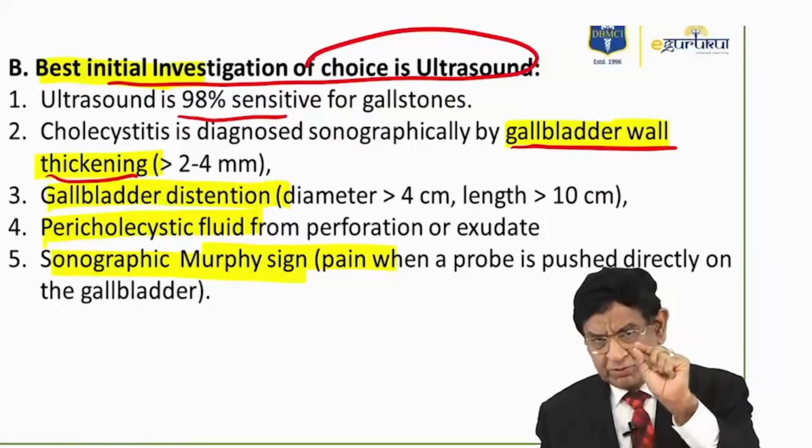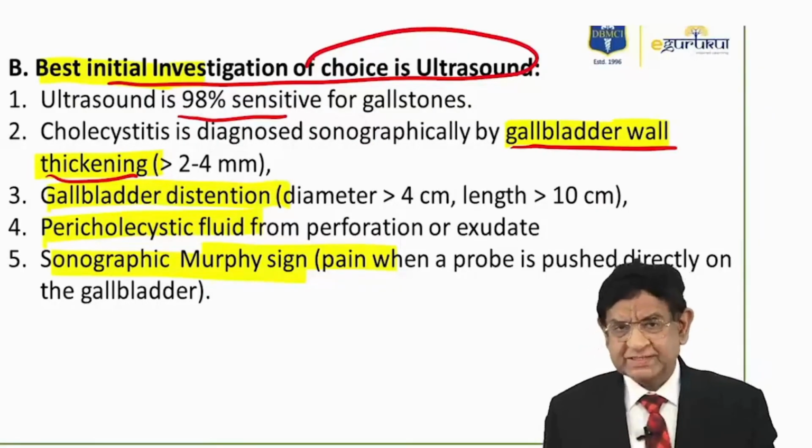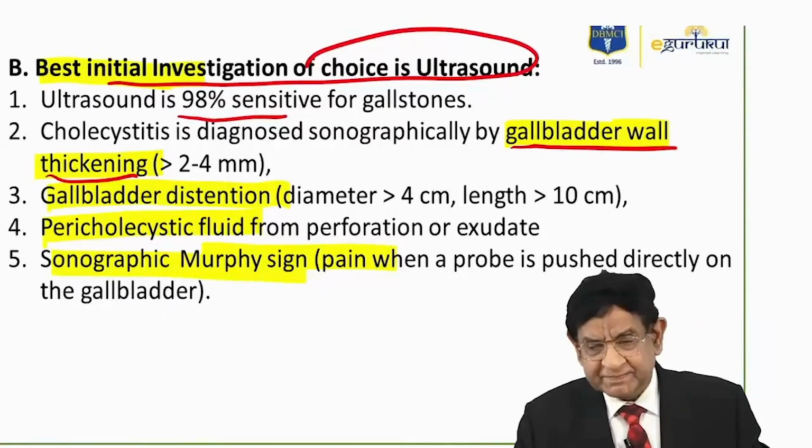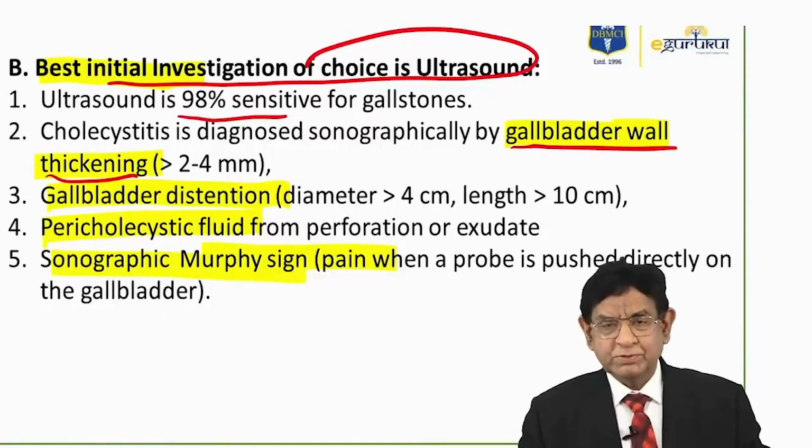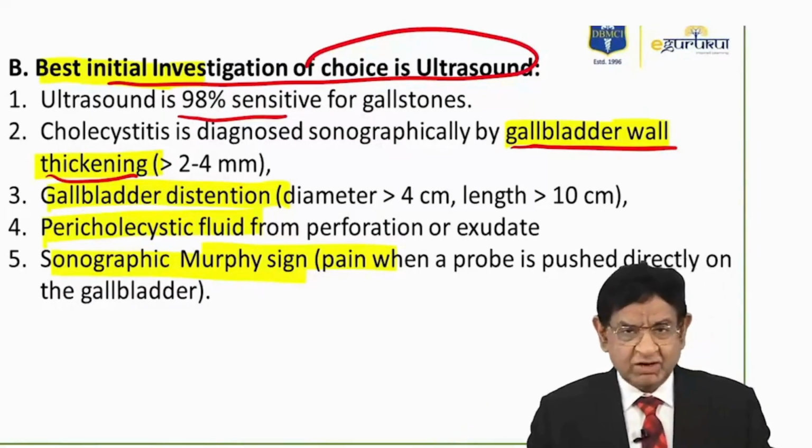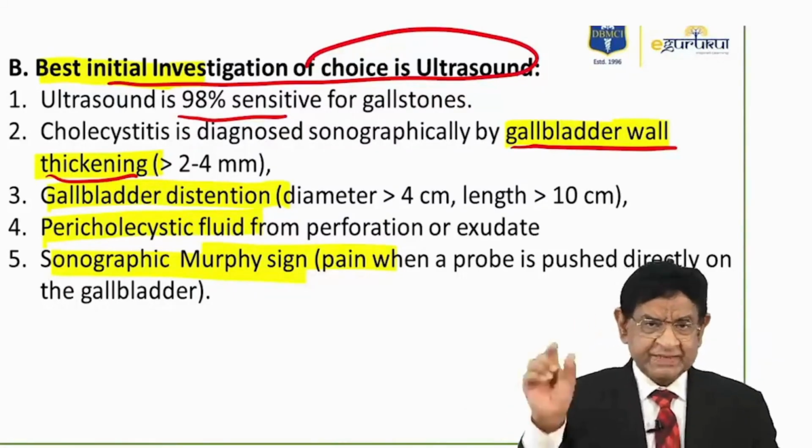The point to be noted is that even Murphy's sign you can elicit by the probe also, and you can see the gallstone or cholecystitis finding by thickening.